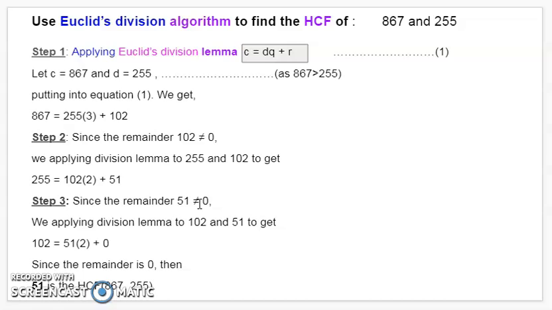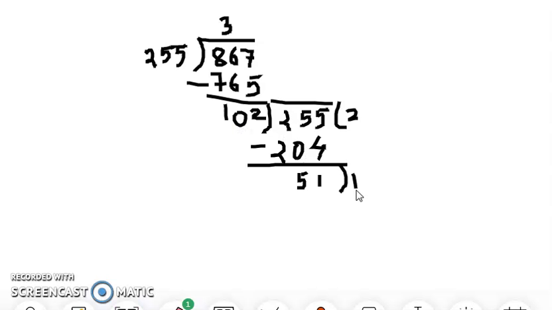Since the remainder 51 does not equal 0, we apply this lemma to 102. 102 is the divisor and 51 is the remainder, so 102 will be the dividend. 51 twos are 102: 2 ones are 2 and 2 fives are 10. Now we are getting 0.